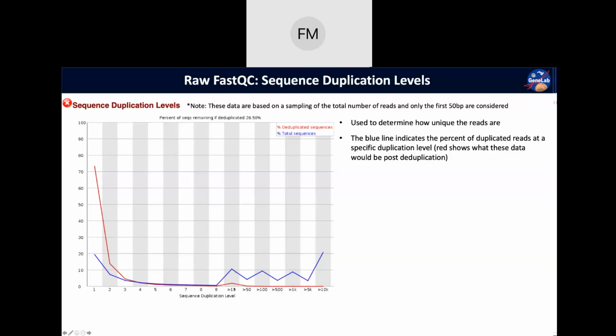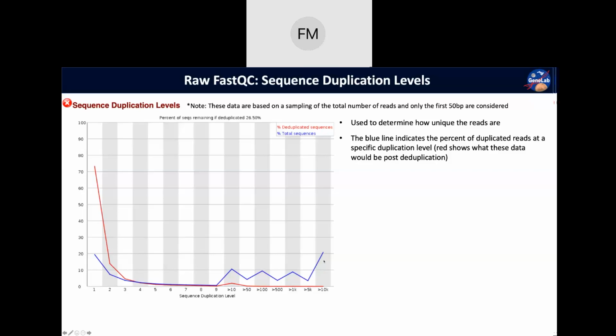But then we can also see higher levels of duplication. So here, what it's saying is that in this particular sample, about 10% of the reads have at least 10 of the same exact sequences. And then we see about 5% of the reads have 50 of the same exact sequences, about 10% of the reads have 100 of the same exact sequences, et cetera, right? So then it goes like that.